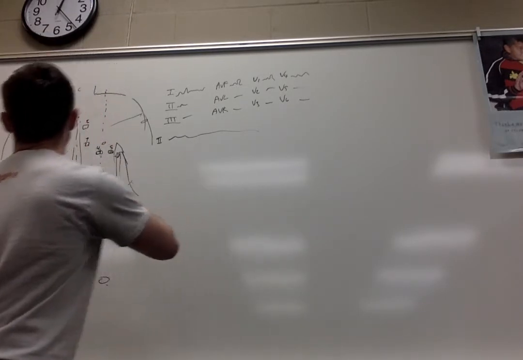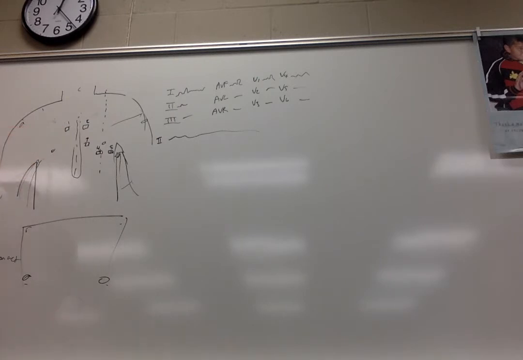So let's think about it. V1 is going to be good. It's reading down into the heart. Your heart's right here. V2, surprisingly, follows the conductivity pattern better than V1, in my opinion. Conductivity pattern is this way. So when this SA node fires off, this camera's reading that.